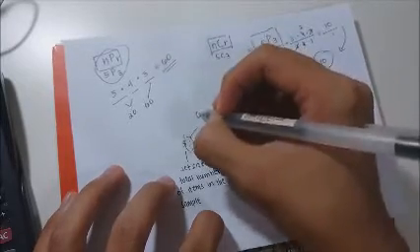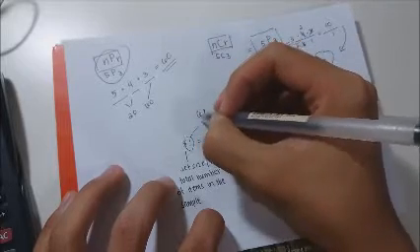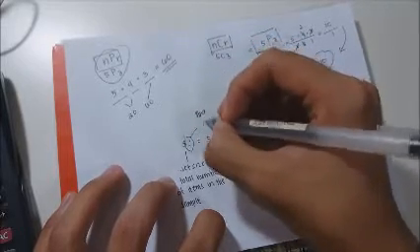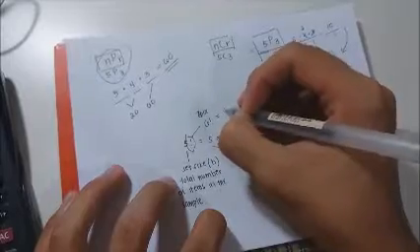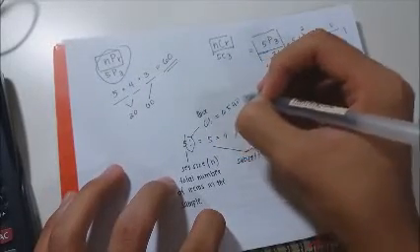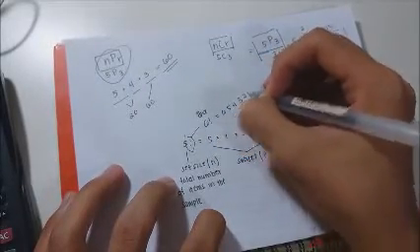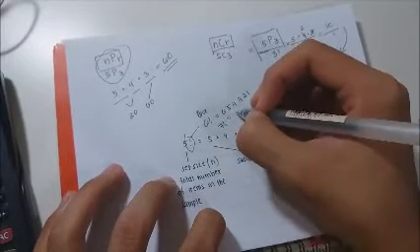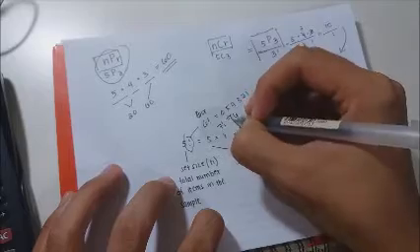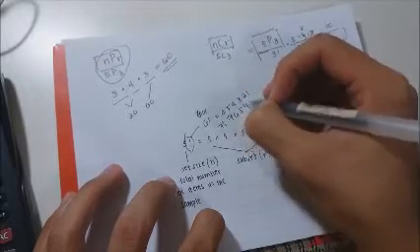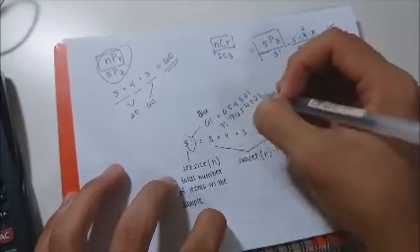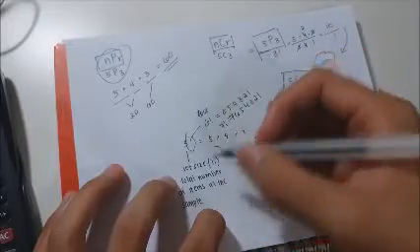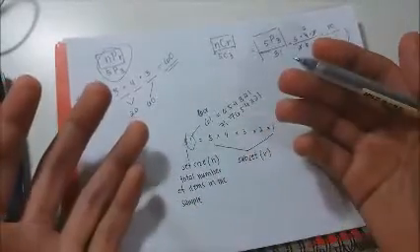Now, for example, 6 factorial is equivalent to 6, 5, 4, 3, 2, 1. That goes for 7 factorial, that's 7, 6, 5, 4, 3, 2, and 1, and so on and so forth, and that's it.